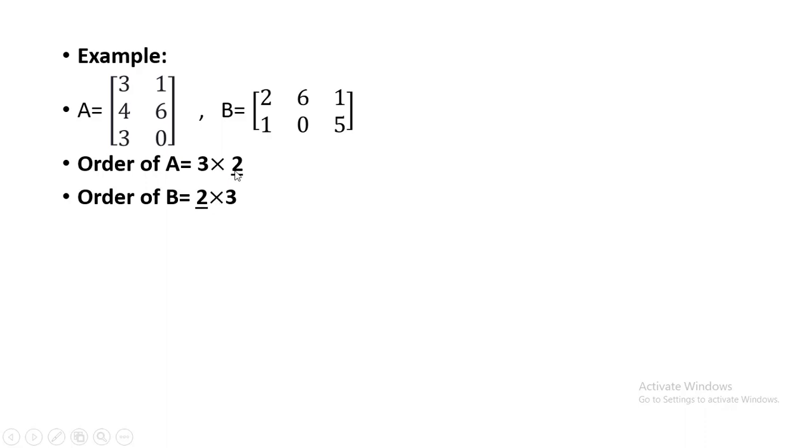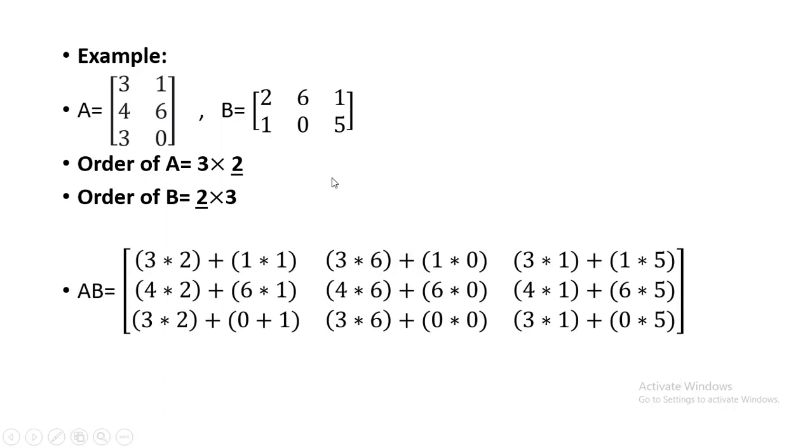Here you can see that both are the same: a 3 by 2 matrix and a 2 by 3 matrix. The column of the first matrix is equal to the row of the second matrix. So if you are multiplying AB, the same rule follows: row multiplied by column. The result will be a 3 by 3 matrix.